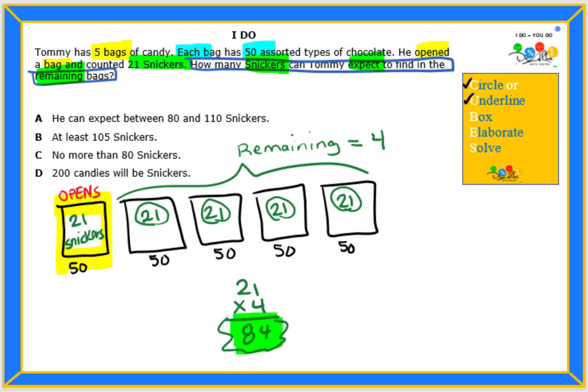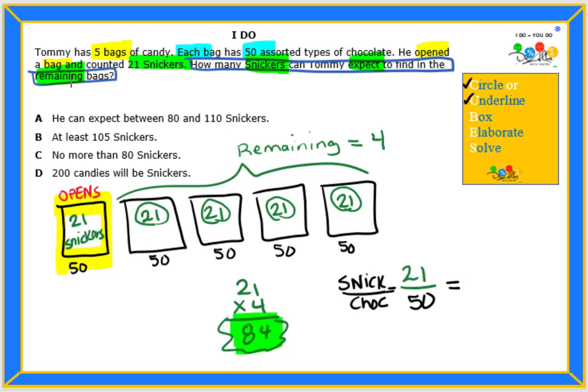We can also see this as a proportion. I always like to look at a different way that we could do it, right? So we could look at the bag that was opened, and in that bag, we had 21 Snickers out of a total of 50 chocolates. So we had Snickers out of chocolates, 21 out of 50.